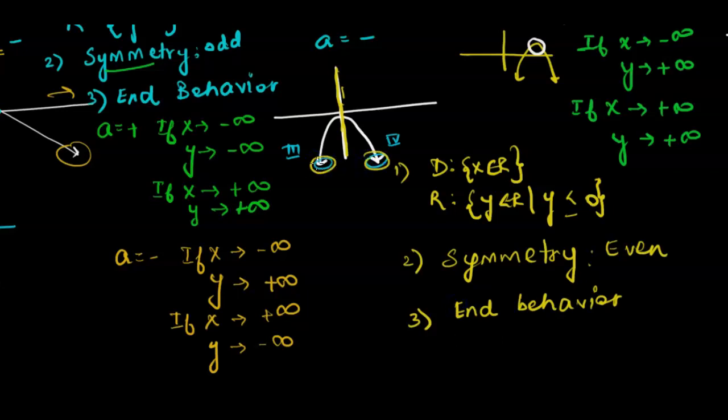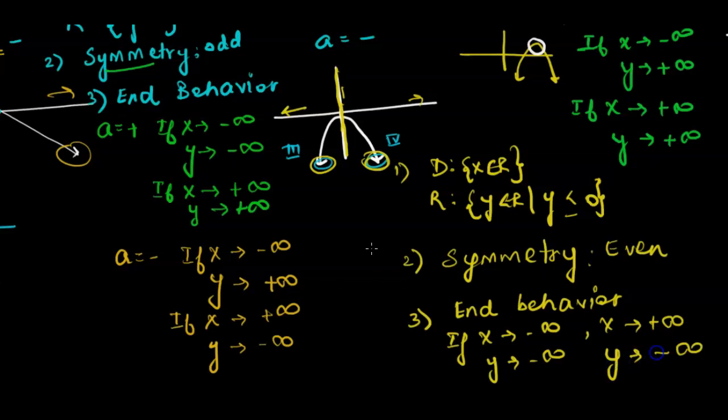We notice that it's in the bottom two quadrants, so y is going to be negative infinity. So we write down, if x approaches negative infinity, y approaches negative infinity, and if x approaches positive infinity, y still approaches negative infinity.